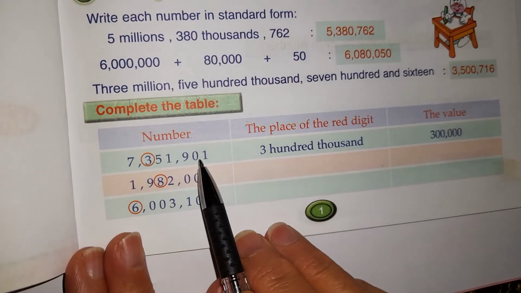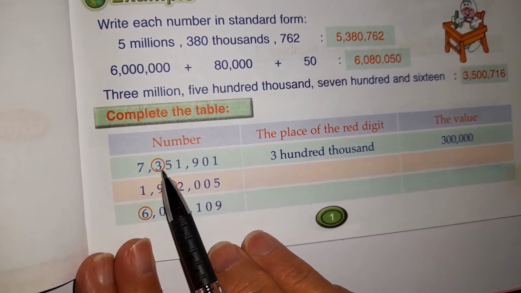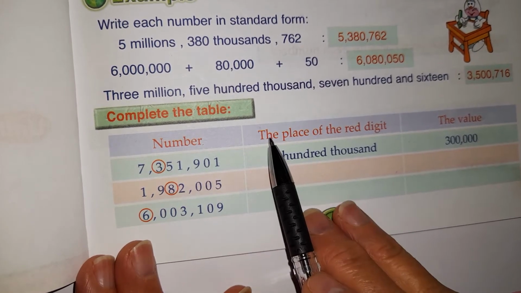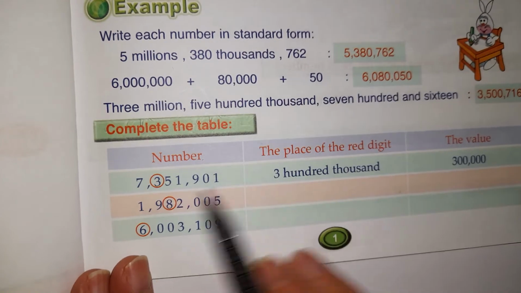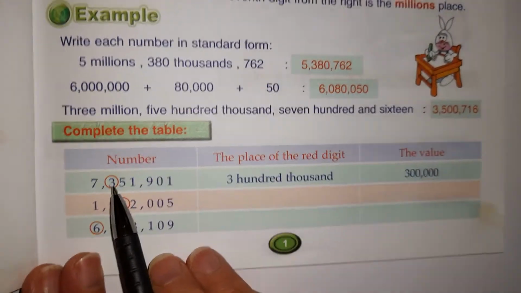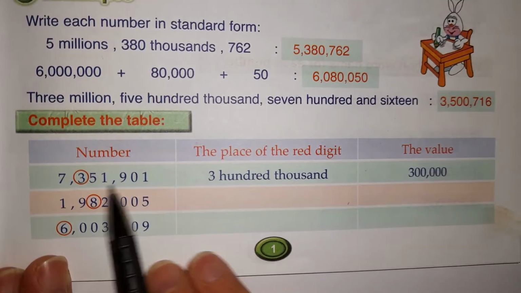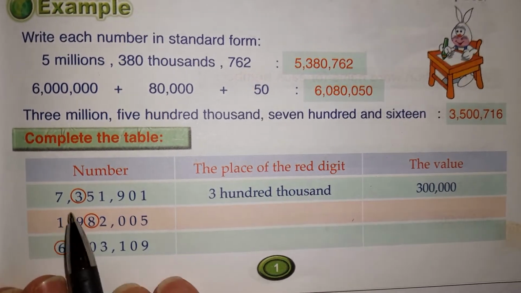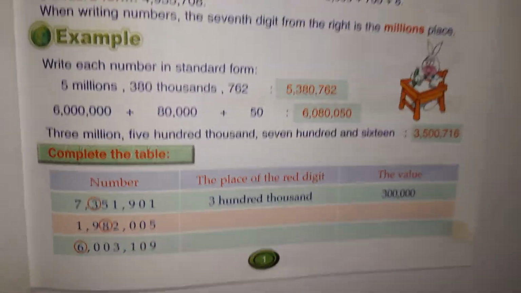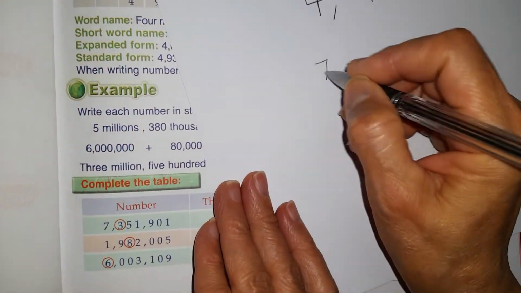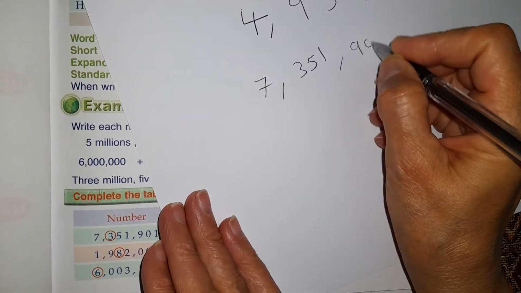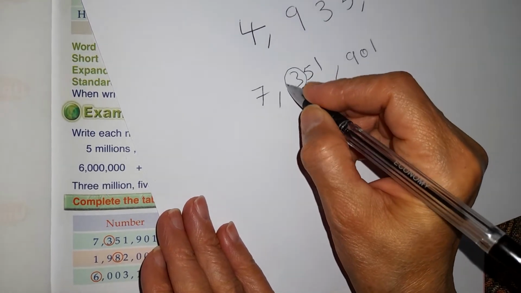They wrote the number and circled the 3, and they want you to say the place of the red digit. Where is the digit 3? In this question, the 3 is in the 100,000. And what is the value of it? You will write 3, this is my number, 7 millions. Now, they circle this 3.